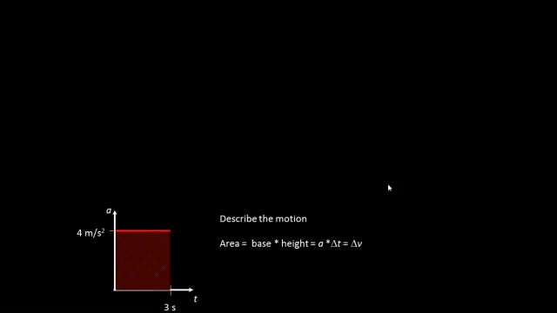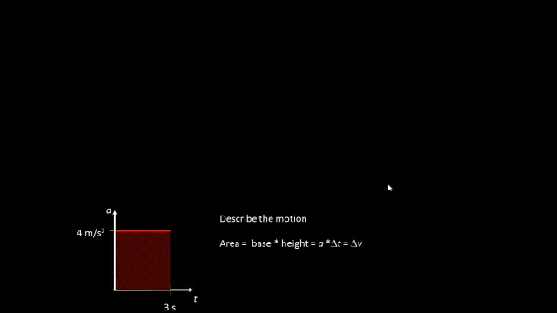Let's begin with looking at an acceleration versus time graph, where we have a constant acceleration of 4 meters per second squared. We can find the change in velocity by looking at the area under this curve, or in this particular case, this flat line. The area is going to be a rectangle with the base times the height being equal to the acceleration times the change in time.